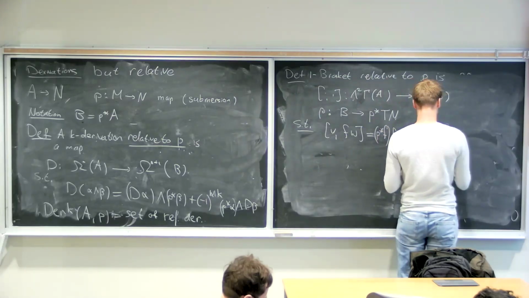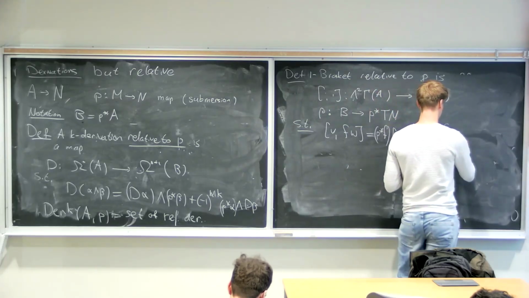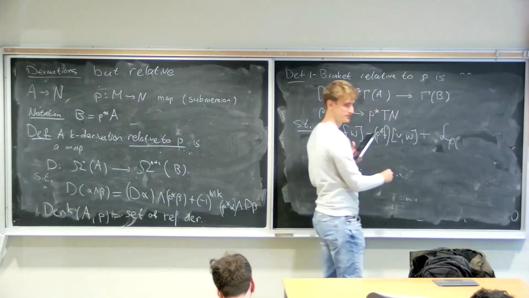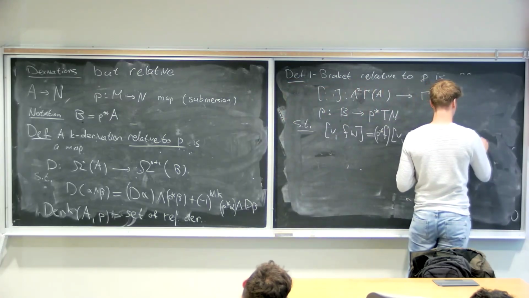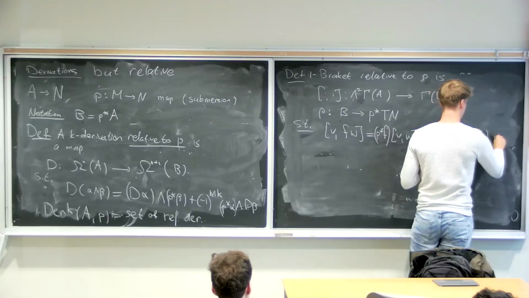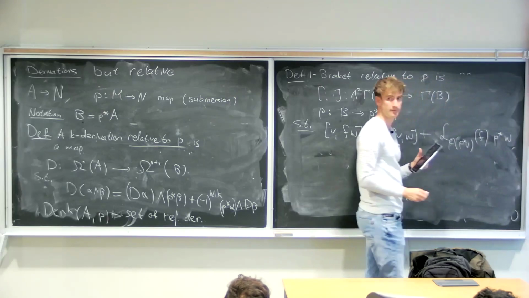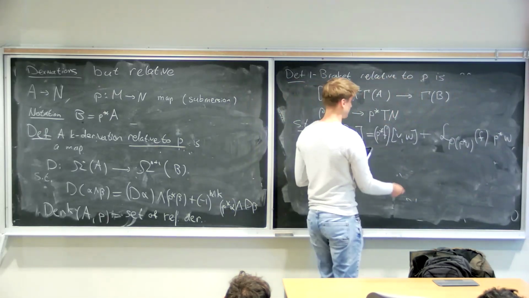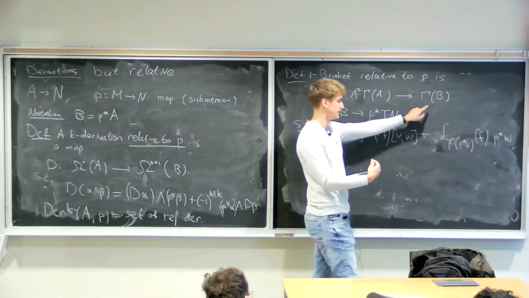So we want to differentiate F in the direction of v using the rho. But rho is defined here, so we pull it back: P star v. This works. And we have to pull back w as well. Let's see if everything makes sense. So it's okay. The spaces they live in, it all lands in here.